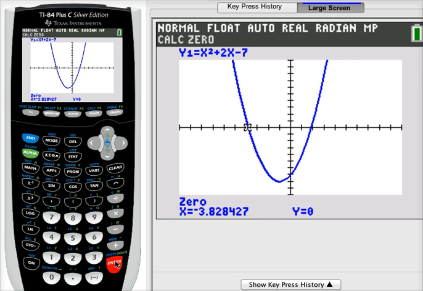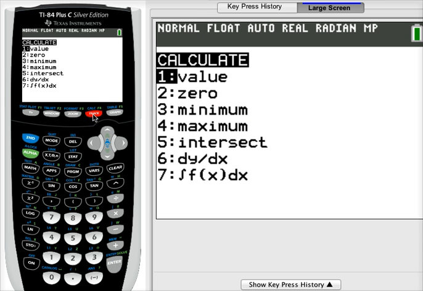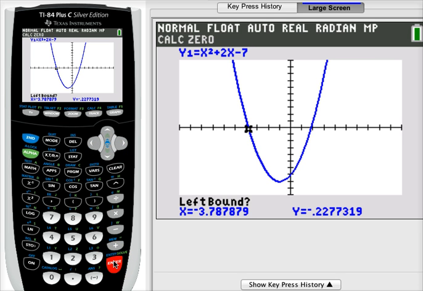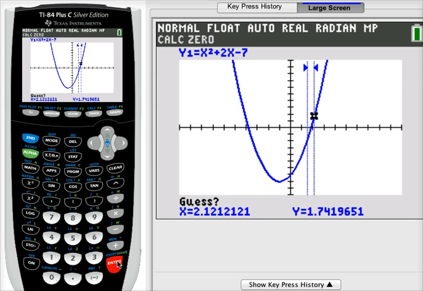Now, we have another one, though, on the right side. So I'm going to go back to calculate so I can do this process again. Go down to zero, and this time, I need a left side bound of the other one. So I'm going to scroll over so I'm right there. That's to the left of the zero that I'm looking for. Now it's asking me to move to the right of that zero. So I'm going to scoot right. There we go. And again, when it says guess, all you have to do is hit enter one more time.